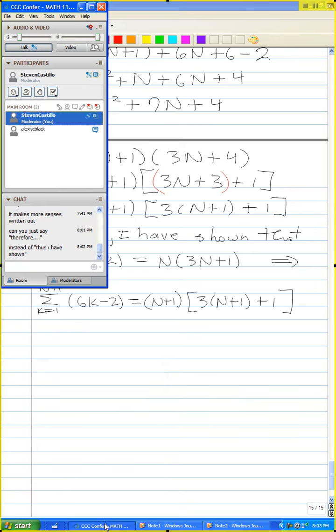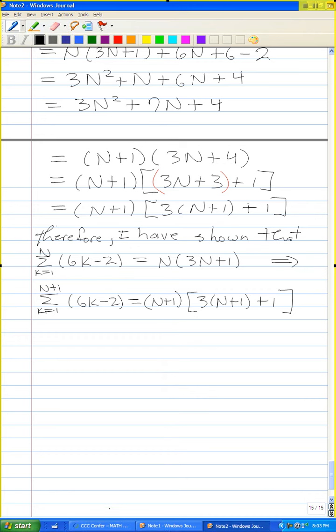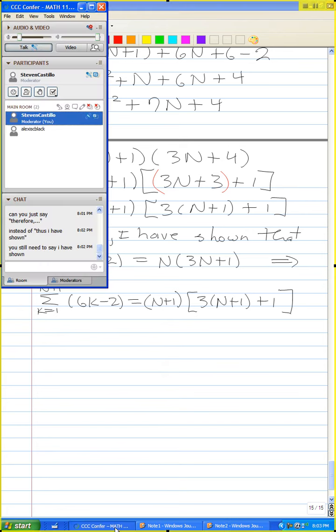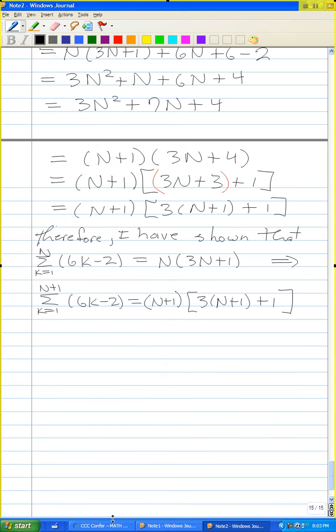Yeah, you can just say therefore. You don't need to say the words I have shown. No, you don't need to say that. Therefore is sufficient. I just wrote out the extra words because sometimes people want to see those words. But no, you just have to say therefore. Okay.